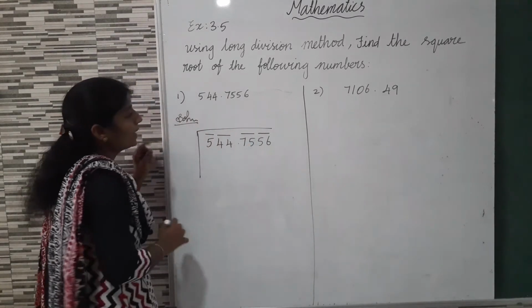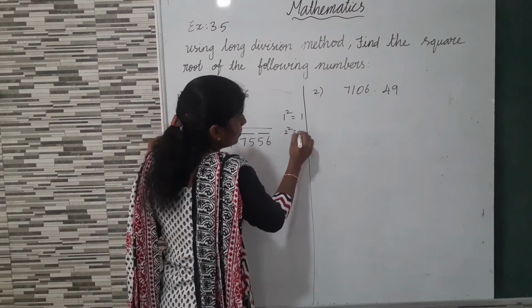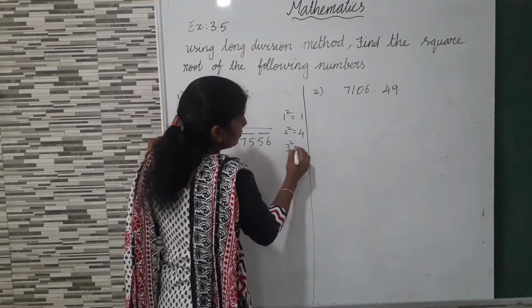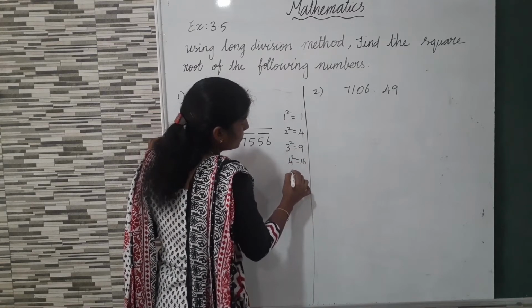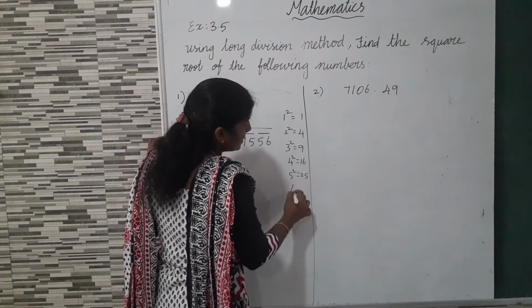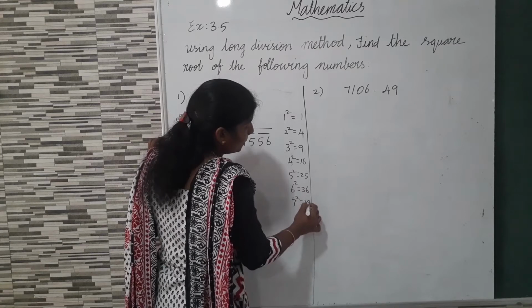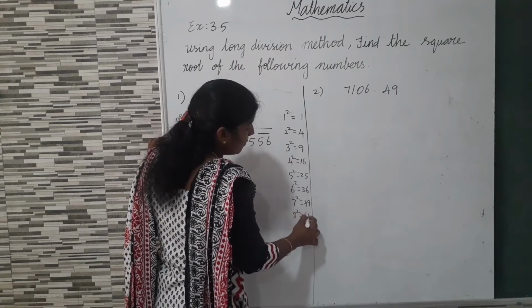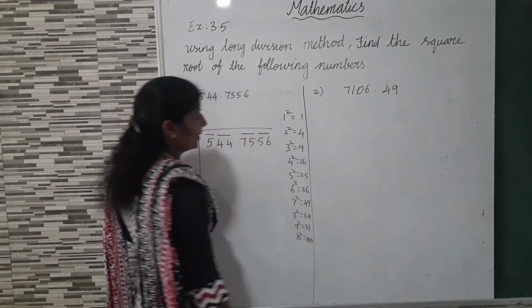Okay. Now here, 1 square is equal to 1, 2 square is equal to 4, 3 square is equal to 9, 4 square is equal to 16, 5 square, 25, 6 square, 36, 7 square, 49, 8 square, 64, 9 square, 81 and 10 square is equal to 100.